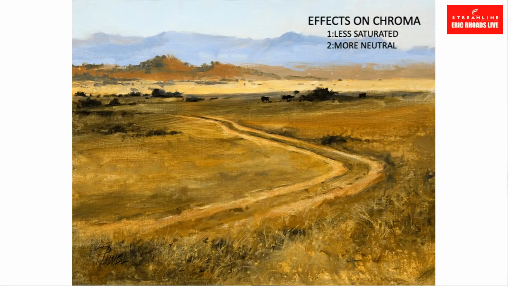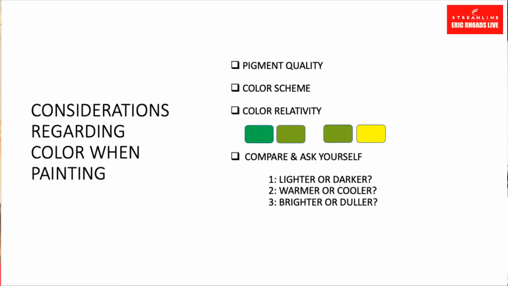I don't, and right now I'm not going into comments and questions because of the slides, but I have another slide here. So when you're painting, this is what you consider with color. Consider the quality of the pigments you're using. Are they transparent? Are they opaque?